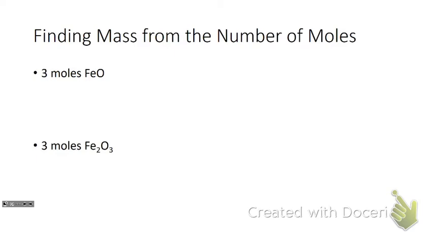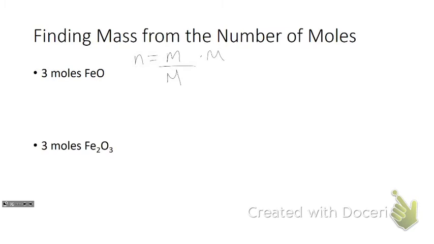Okay, so same thing. We'll find the mass of iron 2 oxide and iron 3 oxide. Same as last slide, so remember our formula. Number of moles is equal to mass of sample divided by molar mass. We're looking for the mass of sample, so we need to isolate for little m.